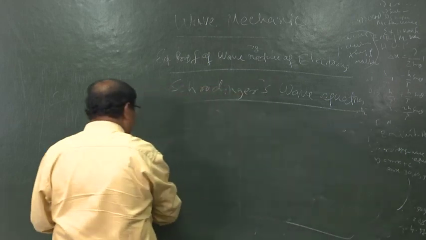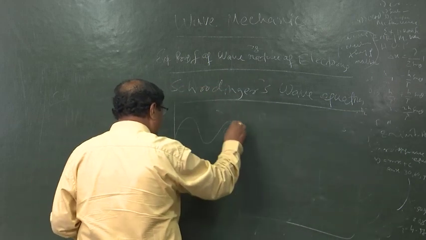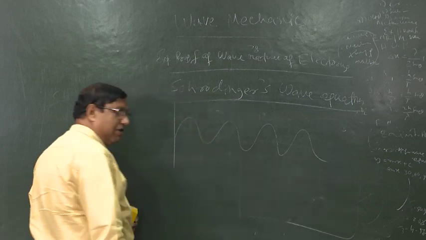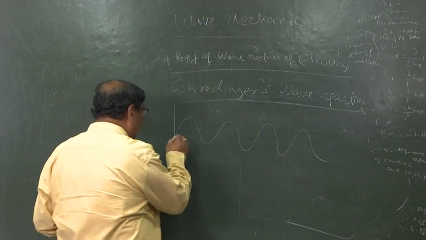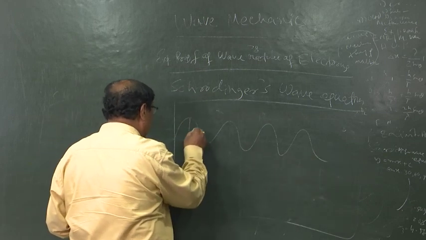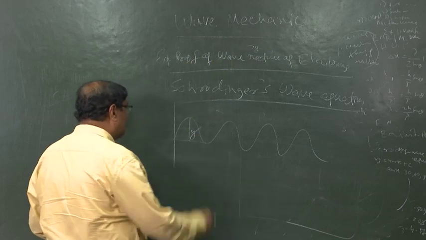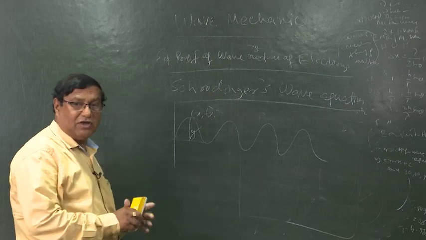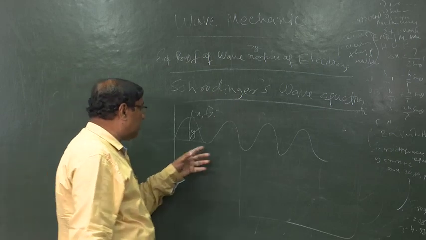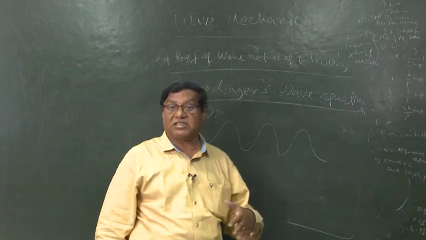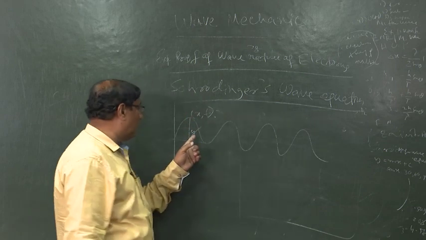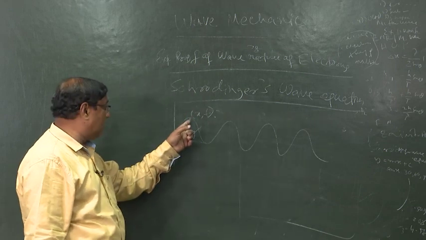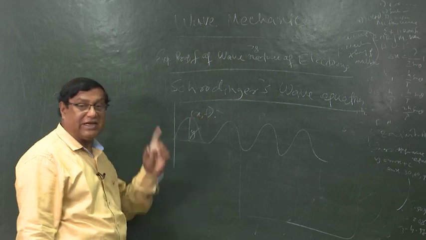equation. So if this is the wave equation of the electron, let y be its amplitude, and its coordinates are x and t. If this is the wave of the electron, then it is similar to the wave in a stretched string, whose amplitude is y and whose coordinates are x and t.